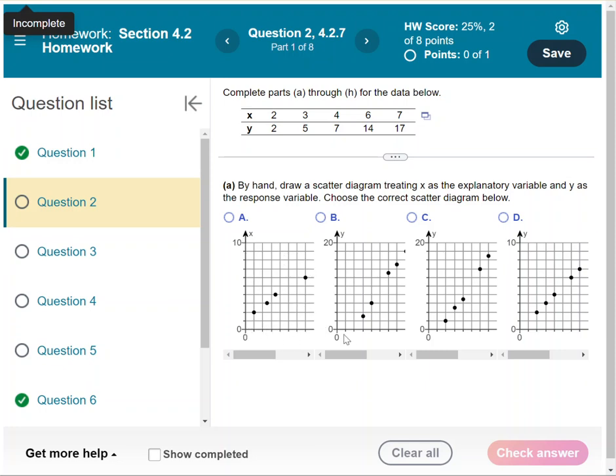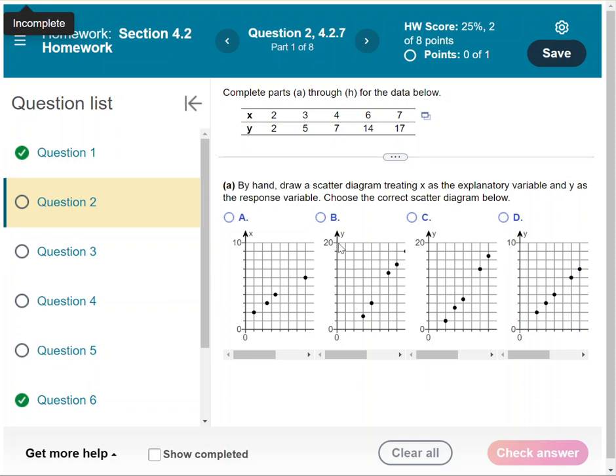So 2, 2 is here, and then 3, let's see, that doesn't look right. Are we going by ones? 1, 2, 3, 4, 5, 6, 7, 8, 9, 10, and 1, 2, 3, 4, 5, 6, 7.